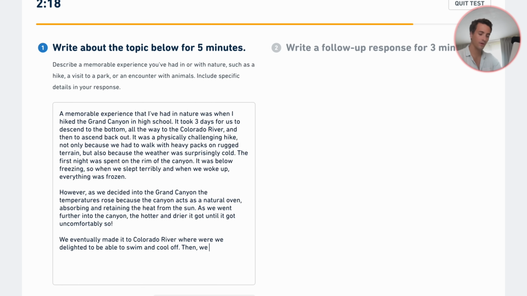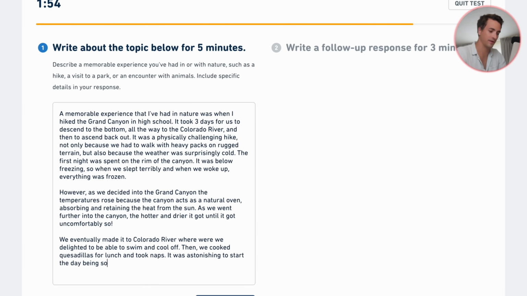Then we cooked quesadillas for lunch and took naps. It was astonishing to start the day being so cold and then end the day being so warm that we just wanted to swim.